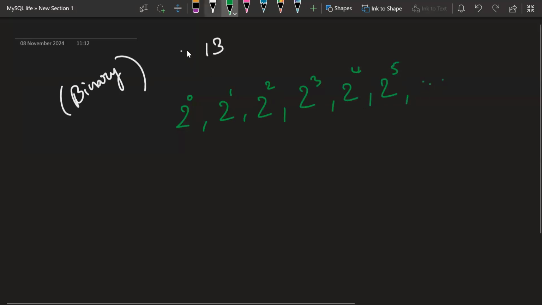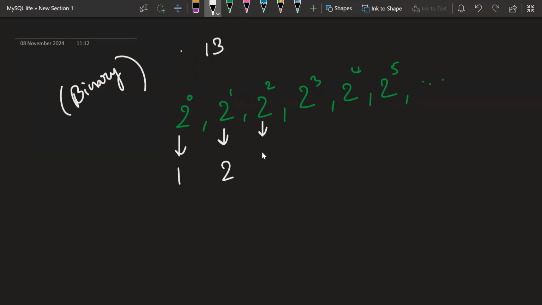Now, we have to just mention the result of this. For example, when I say 2 to the power of 0, what is the result of it? Of course, 1. And it is 2, 4, 8, 16, it is 32, and so on.